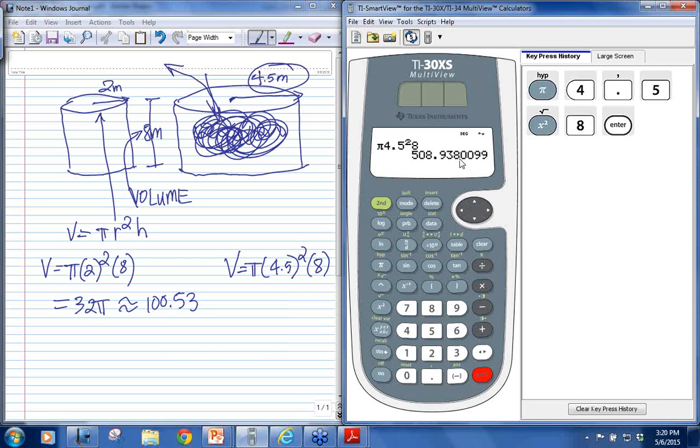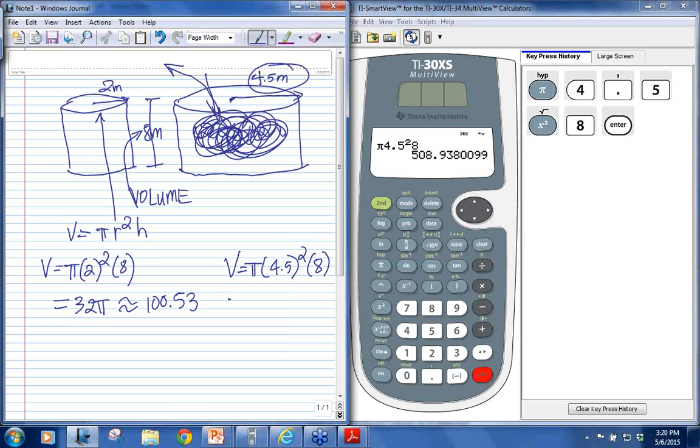It will no longer be in exact format. I don't know, that's just how the calculator is. So in this case, we're just going to write the approximate value, which is 508.94 if we round it to the hundredths place.